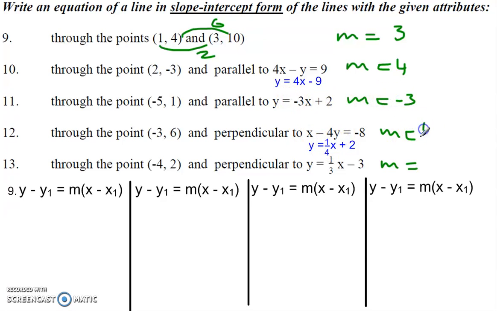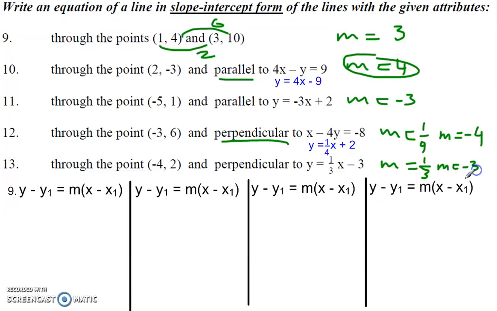Slope here is 1/4. And the slope here is 1/3. Now, if I want it to be parallel, then that's going to be my slope. If I want it to be perpendicular, remember I need to take the opposite inverse. So my new slope is going to be negative, because this one's positive, and this is 1/4, so negative 4. This one is going to be negative 3.